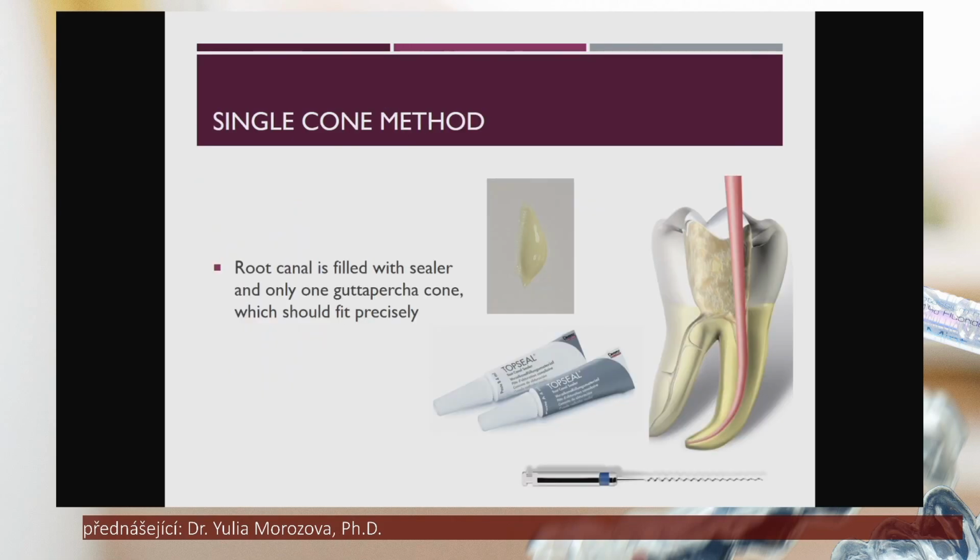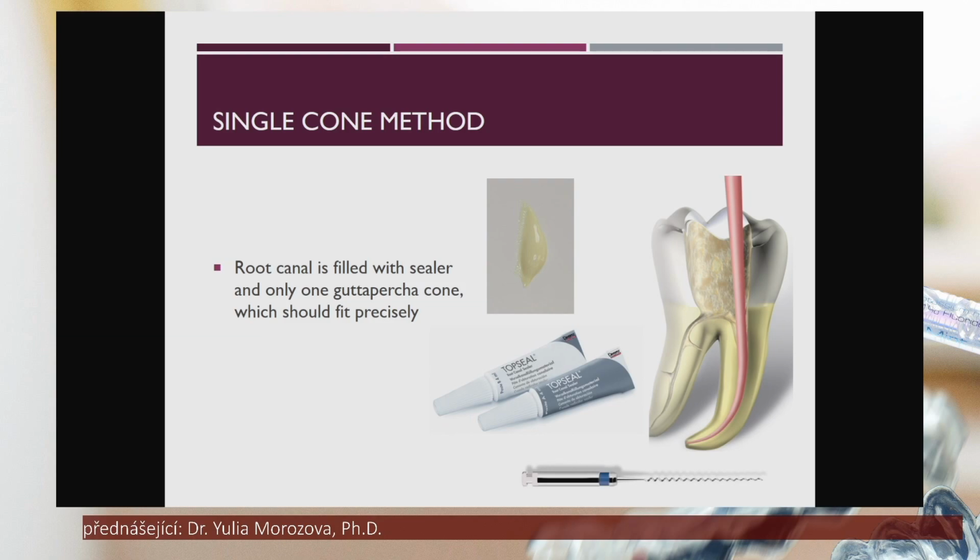And one more method, the so-called single cone method. This method was used some years ago, and in this case just one master apical gutta percha cone in combination with sealer is used, without any compaction, without any auxiliary gutta percha cones.